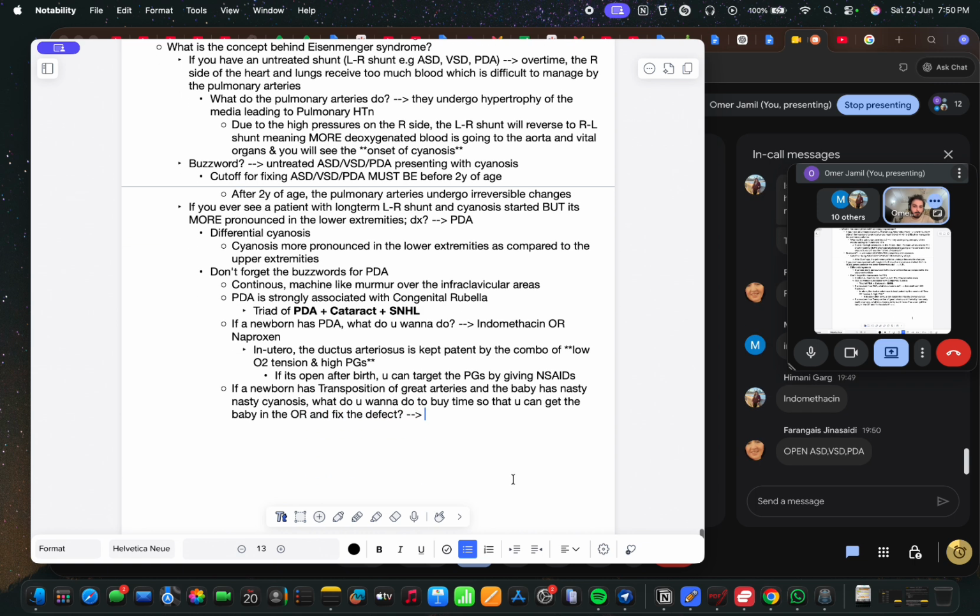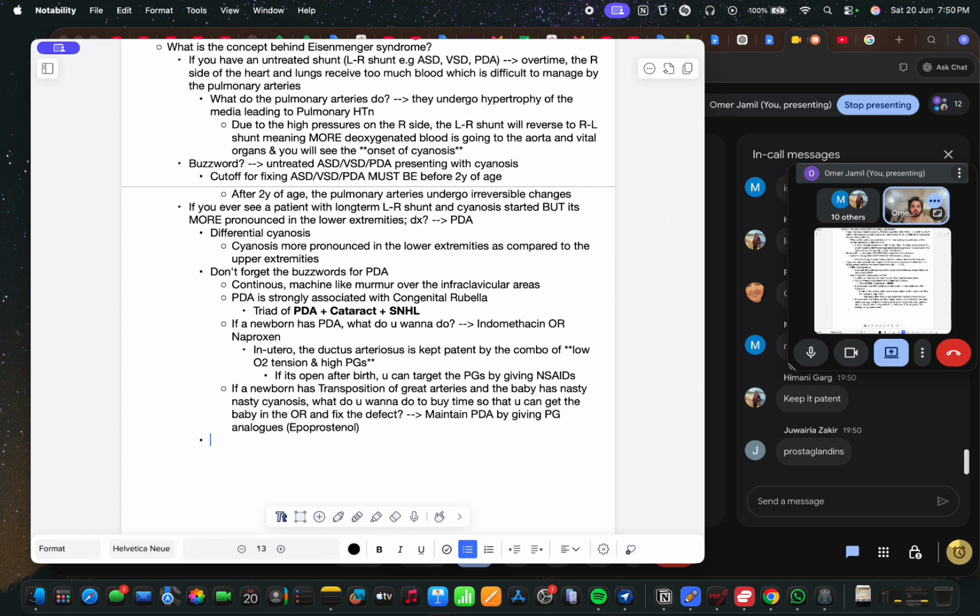Anyone? Basically you can open up ASD, VSD, PDA, but mainly you have to maintain the PDA by giving prostaglandin analogs, like alprostadil.